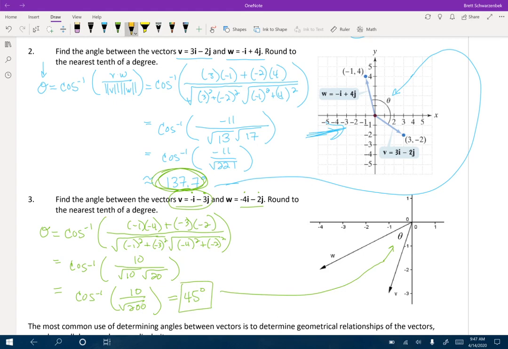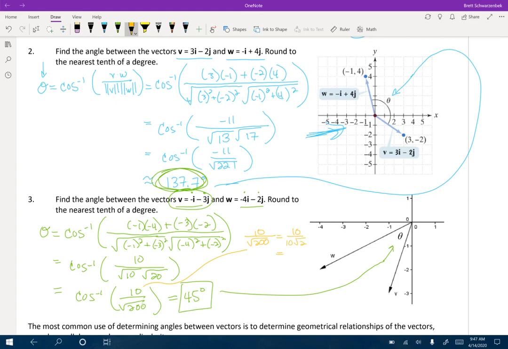So the question is how on earth did this end up being a perfect whole number of 45? Well, it turns out that if you simplify this radical, the square root of 100 comes out and becomes 10, leaving root 2.